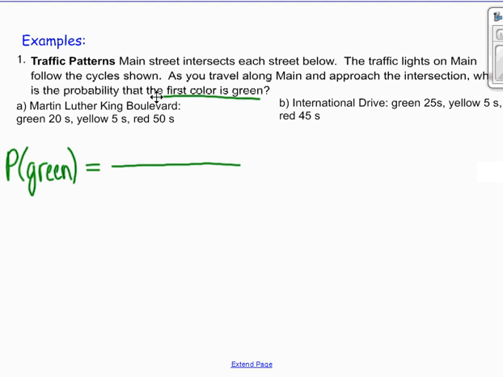So the probability that it is green, my favorable is 20 seconds. And in the denominator is the total. So of all the outcomes, we have it being possibly green, possibly yellow, possibly red. So what we do with those numbers is we add them together.